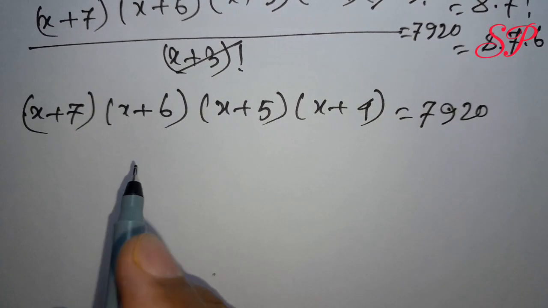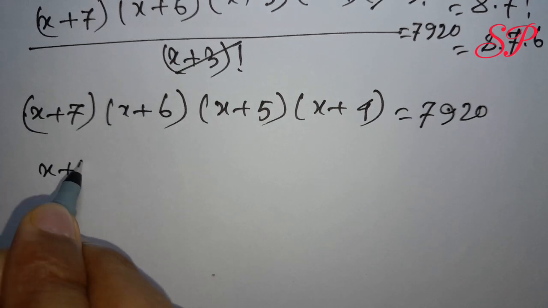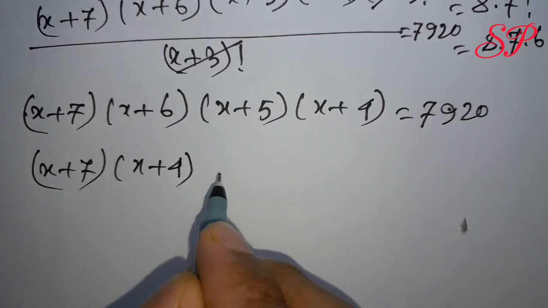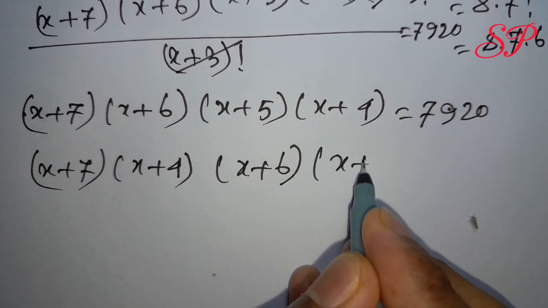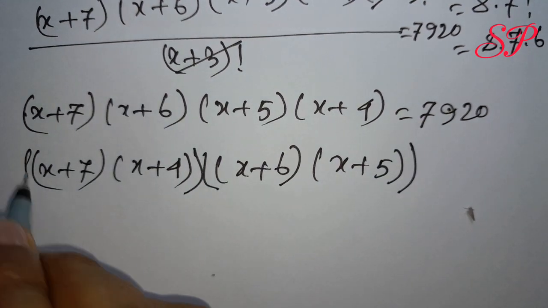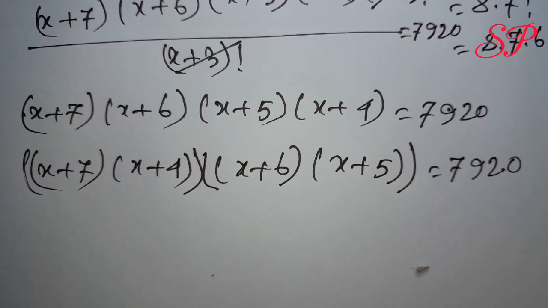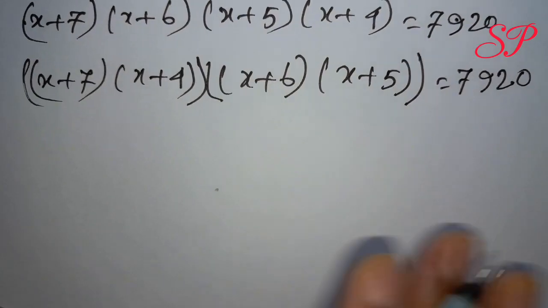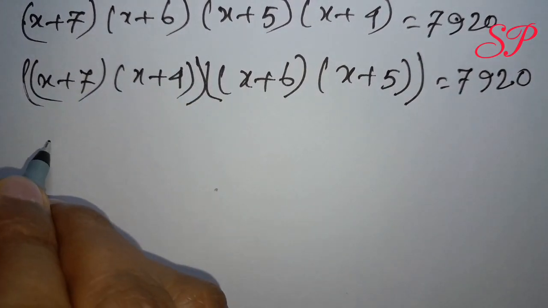Then we can write here (x+7)(x+4) in one bracket and (x+6)(x+5) in another bracket, and this is equal to 7920.